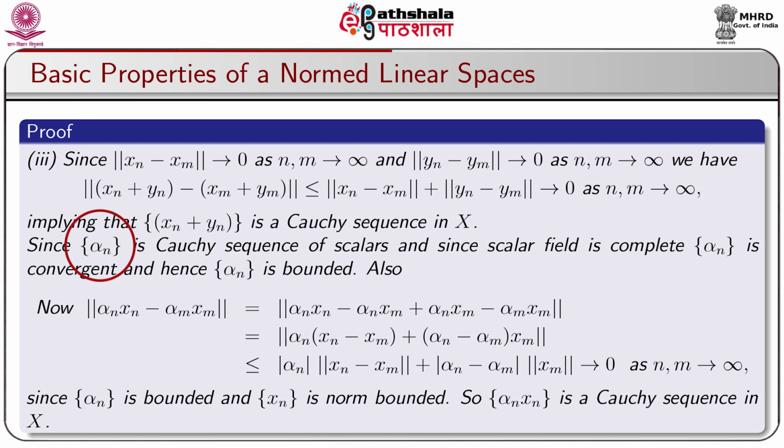Since sequence alpha n is a Cauchy sequence of scalars, and since the scalar field is complete, sequence alpha n is convergent, hence alpha n is bounded.